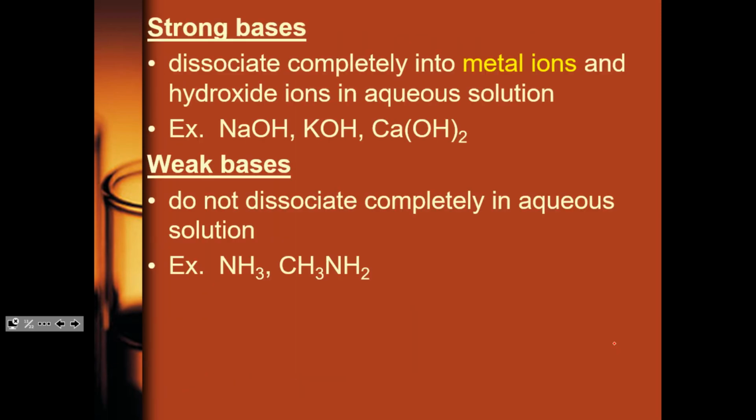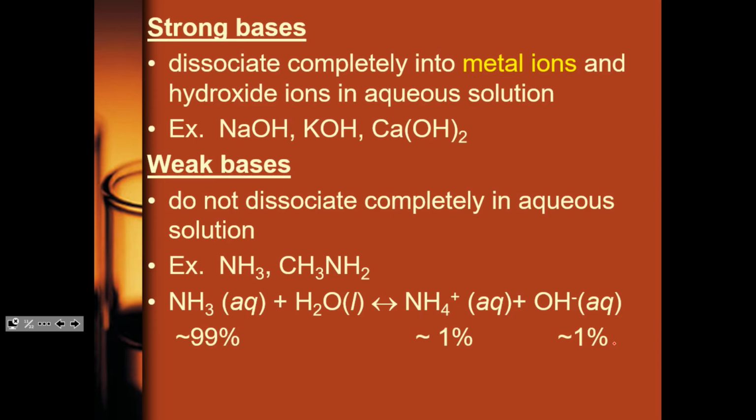Weak bases do not dissociate completely. So NH3 and CH3NH2 are examples. Again, we get an equilibrium expression here, and that particular equation has an equilibrium constant value of 1.8 times 10 to the negative fifth. And you'll notice that this is Kb, and the b stands for base.